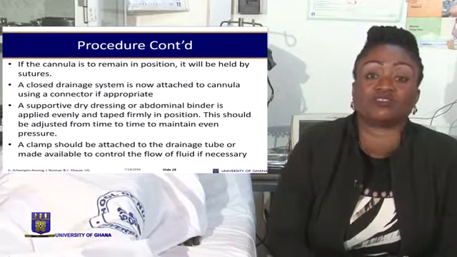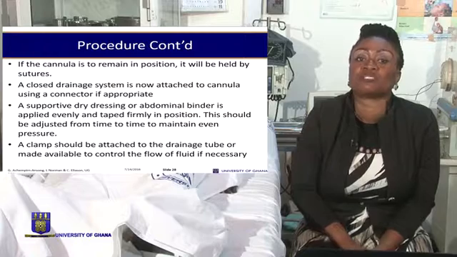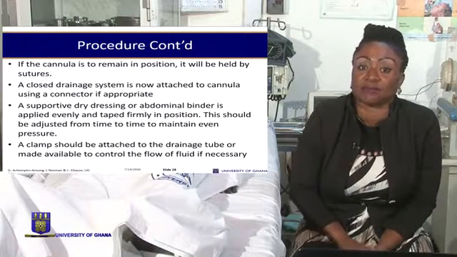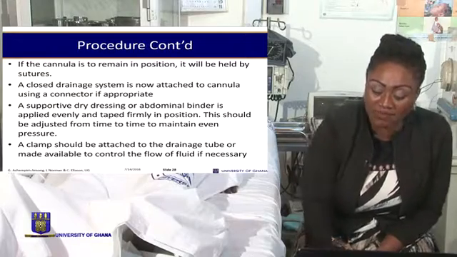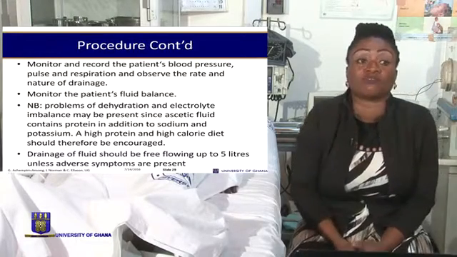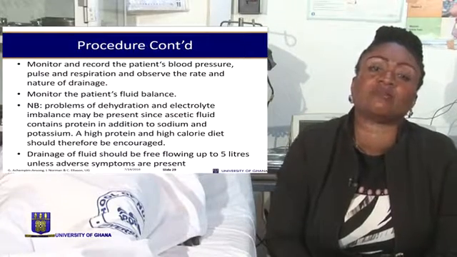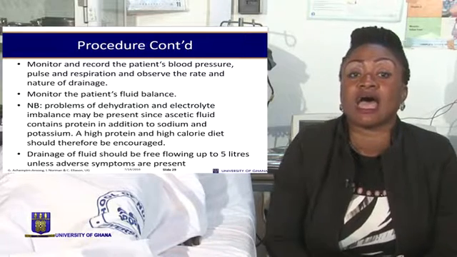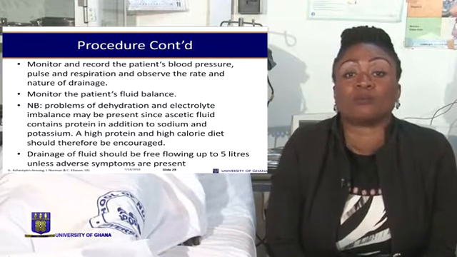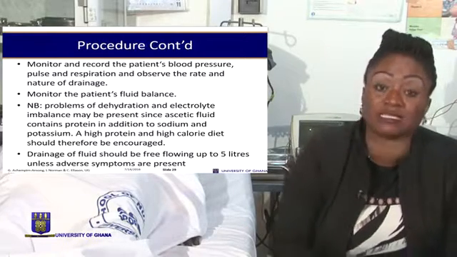Then we have the closed drainage system attached, as already stated, and a supportive dry pressure dressing is applied evenly after the procedure. After the procedure, the patient is made comfortable. The equipment is discarded, and the patient's vital signs, weight and abdominal girth are all taken or measured and recorded again and compared to the baseline.